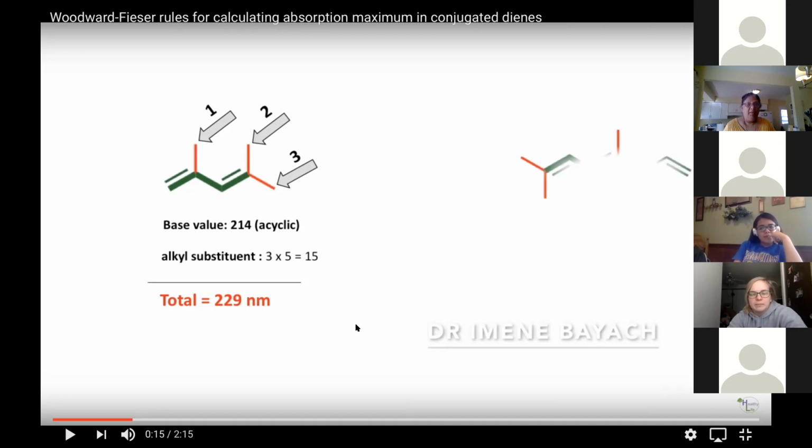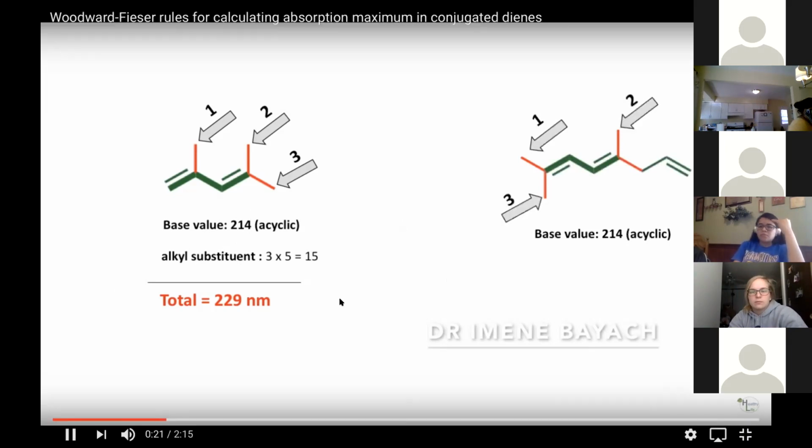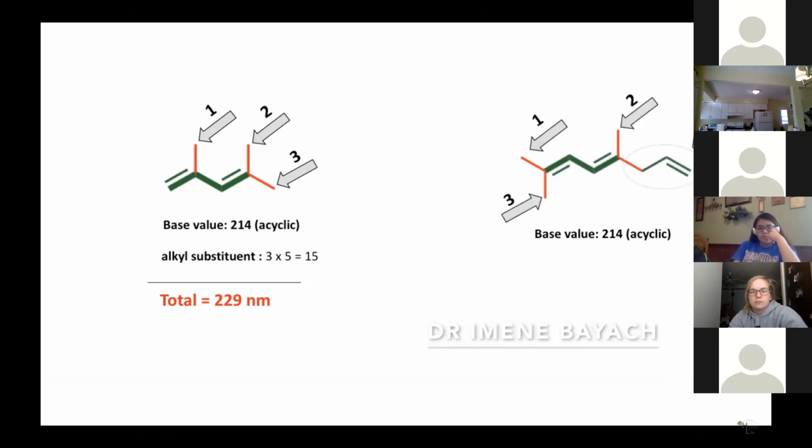Got that, everybody? The base value is 217. Each table will have a slight variation, so that's why it's 214. So then just pretend that's 217 plus 15. And there could be a variation between cyclic and acyclic and all that too.